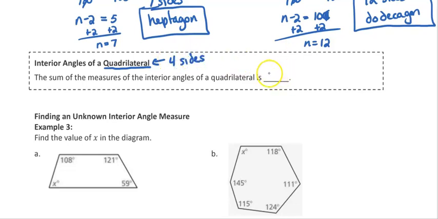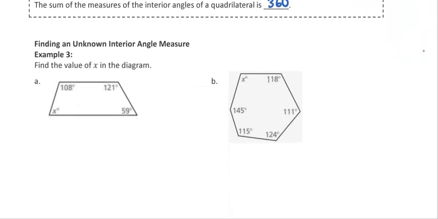So if it's a 4-sided figure, the sum of the angles is 360. Now it would be really nice just to know that, so we don't continually have to use this formula, which we could use at any time. But since we're going to see quadrilaterals a lot, it's just nice to know that all the interior angles of any 4-sided figure, a quadrilateral, add up to 360 degrees.